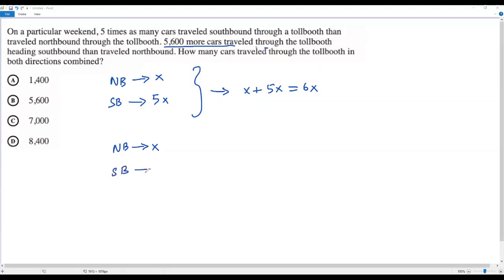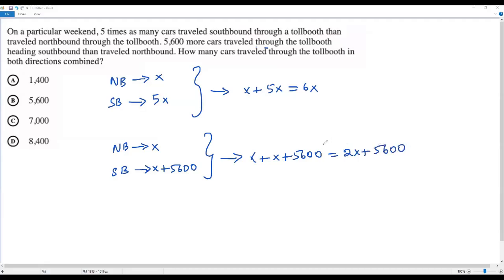Then the number of cars traveled southbound through the toll booth has to be 5,600 more than this value. Then it has to be x + 5,600. So now to get the total number of cars traveled in both the directions as mentioned in the question, I have to add these two quantities. When I do so, I'm getting x + x + 5,600 equals 2x + 5,600.